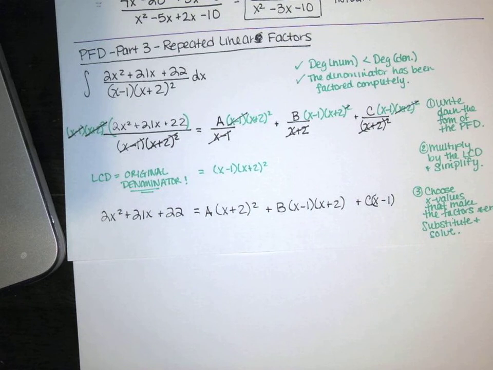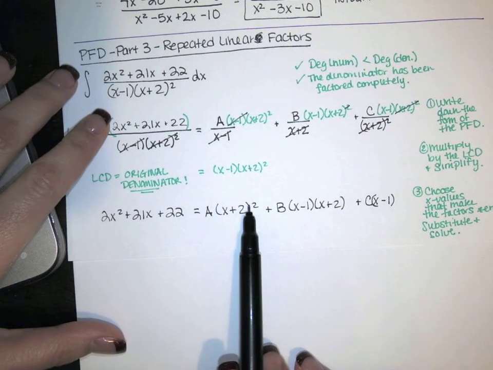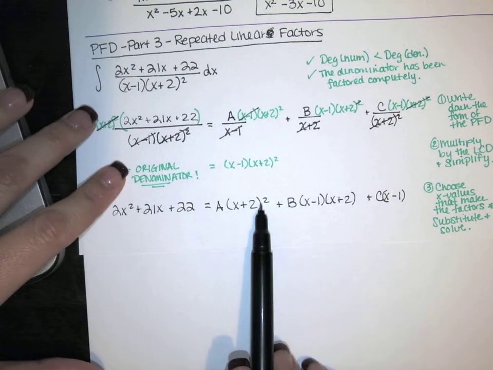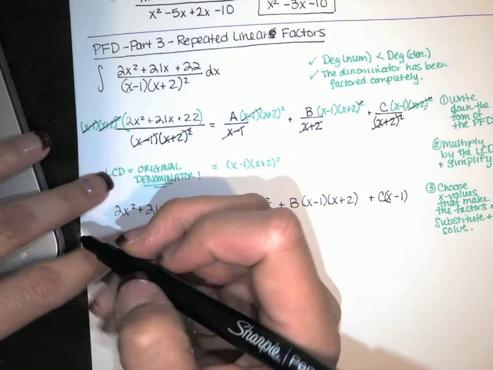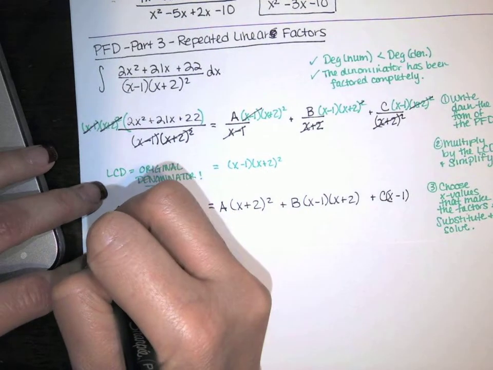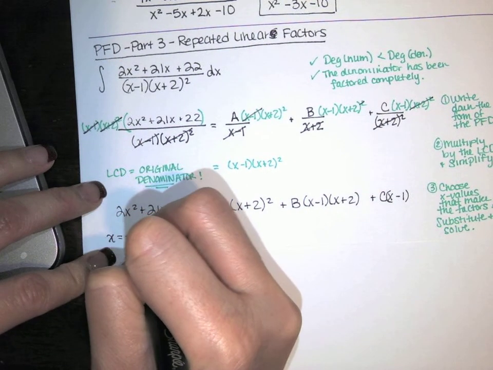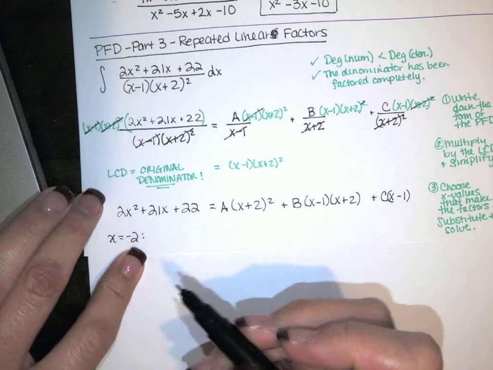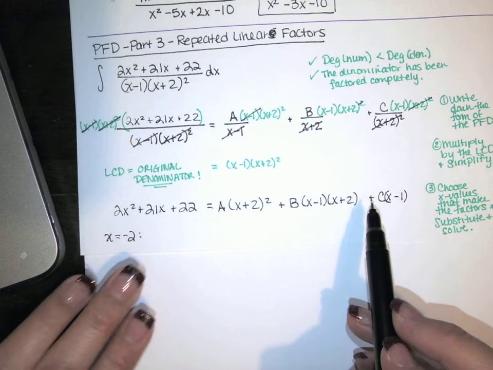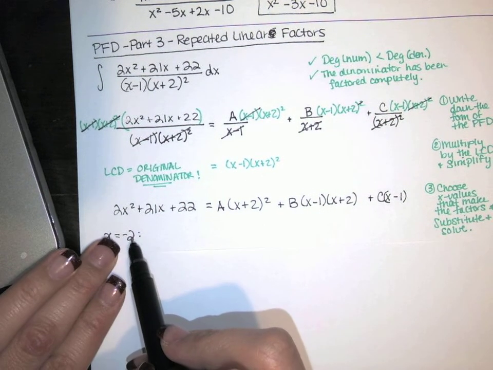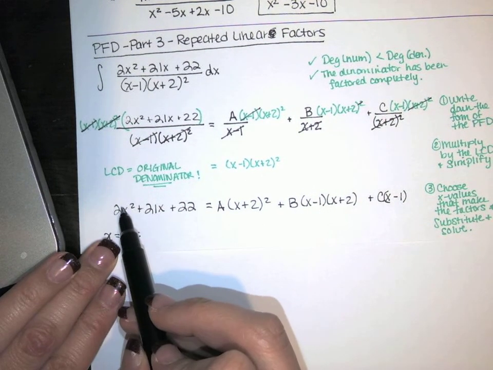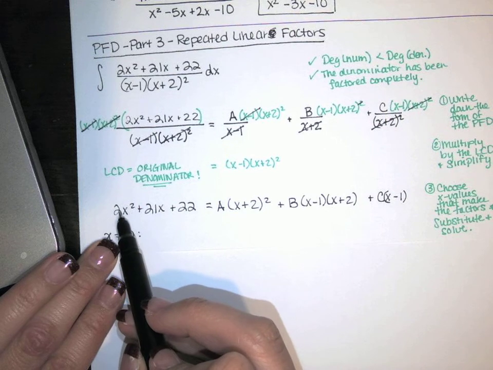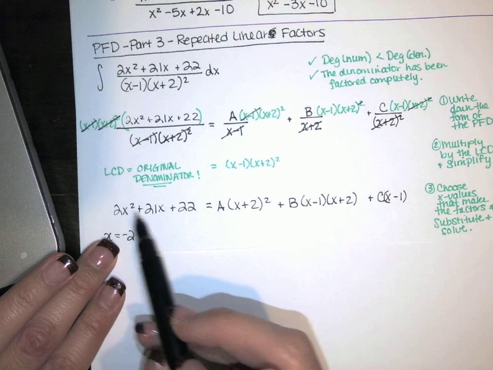So let's see. First, I want to choose an x value that makes this 0. Well, if x equals -2, that would be 0. And then I'm substituting -2 into both sides of this equation. -2 squared is 4. 4 times 2 is 8.